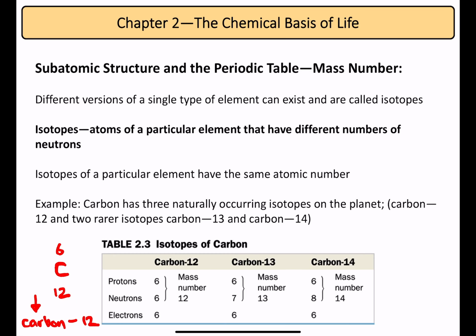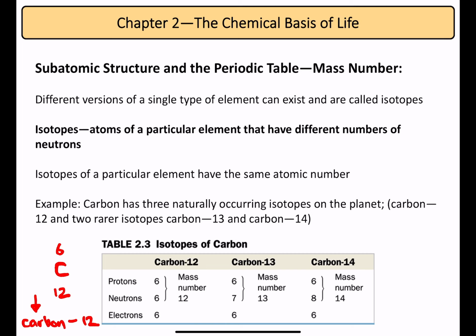Okay, so we are ready to move forward and focus on the third and most important subatomic particle, and those are the electrons. And they are the most important because it is the electrons and the way that they are distributed around the atomic nucleus that determines how a particular element behaves chemically, and therefore what type of chemical bonds it likes to form.